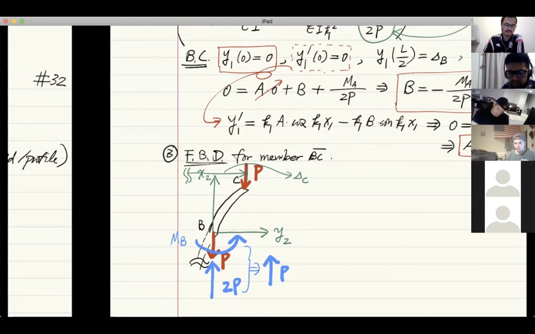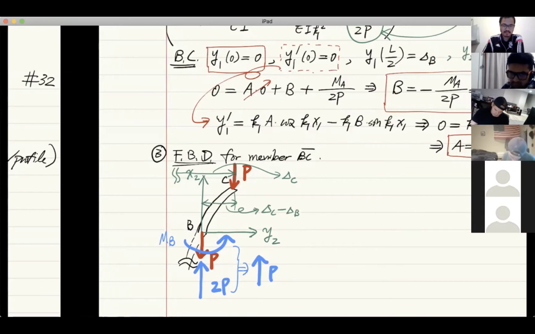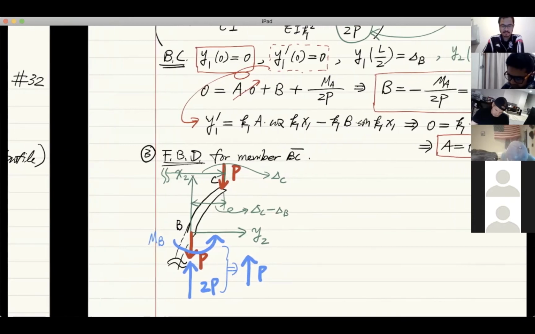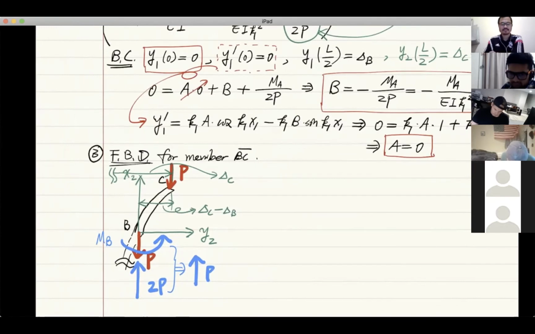So that's why from here to here, this distance is delta C minus delta B, which means that MB is actually P times delta C minus delta B. Would you agree? Right?